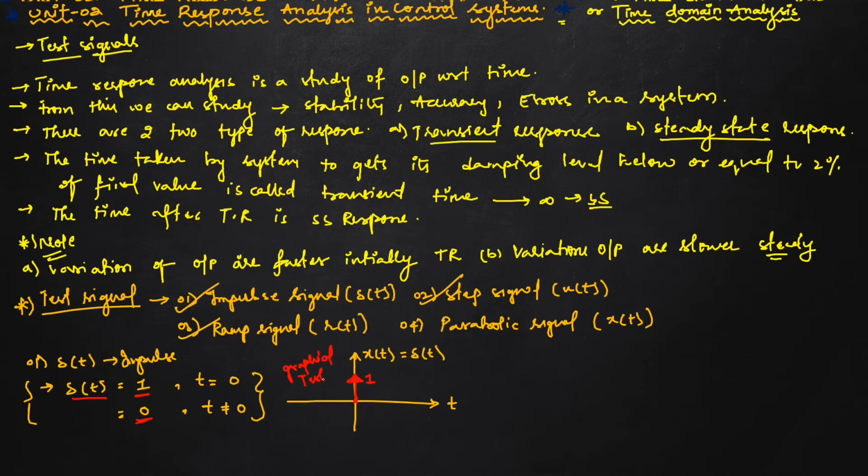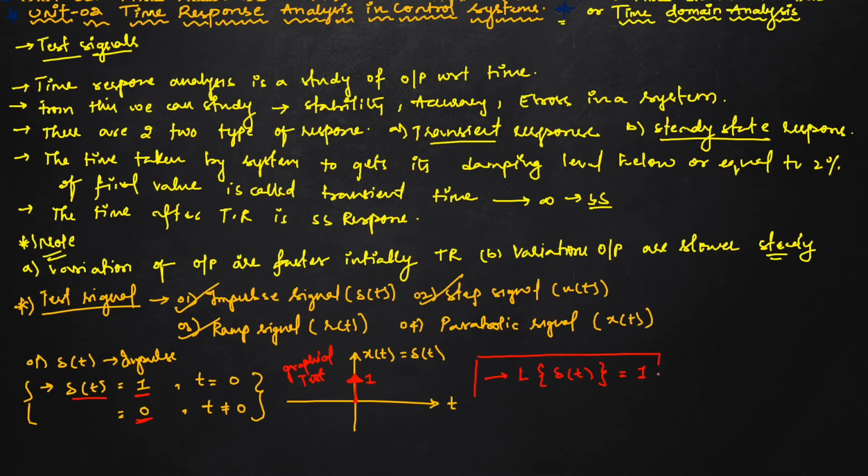I hope you have some knowledge about the Laplace transform. The Laplace transform is actually nothing but the property which is used to shift the signal from the time domain to the S domain. Suppose the Laplace transform of this particular signal del of t will be equal to 1.